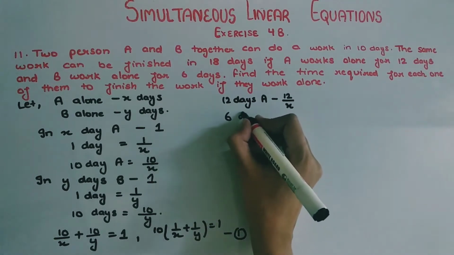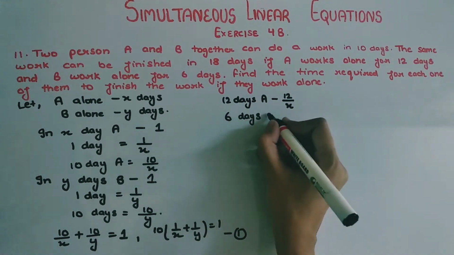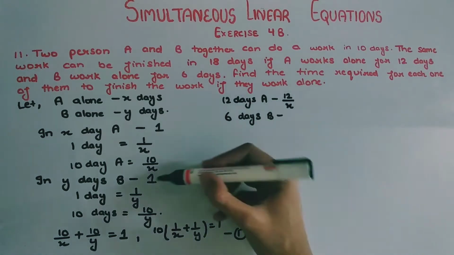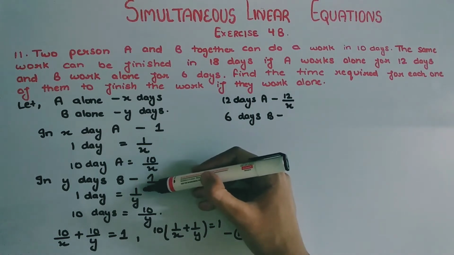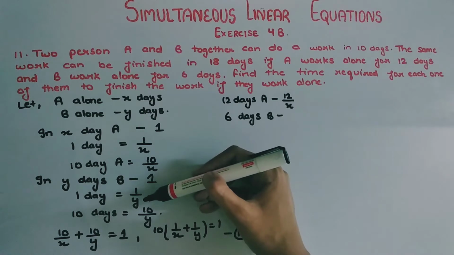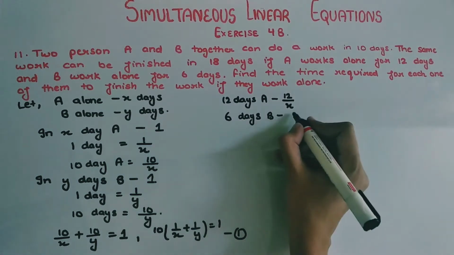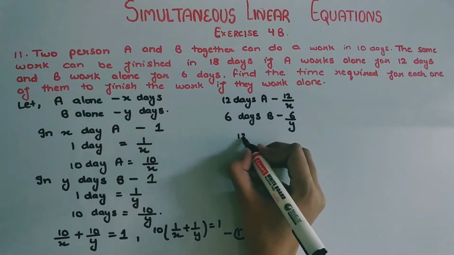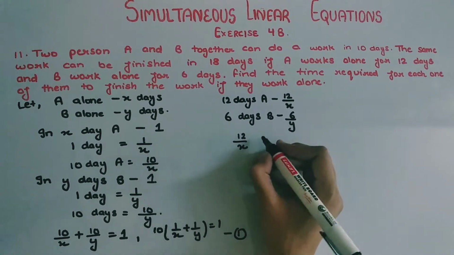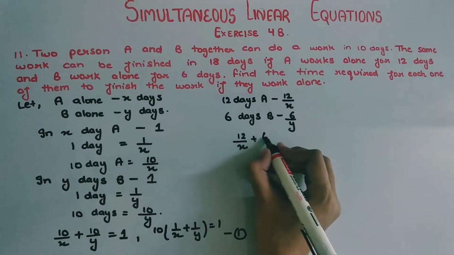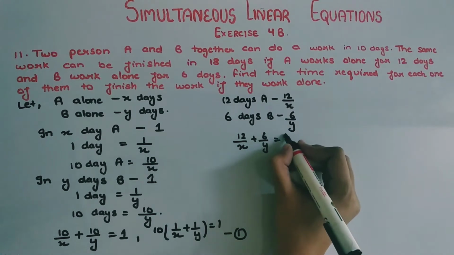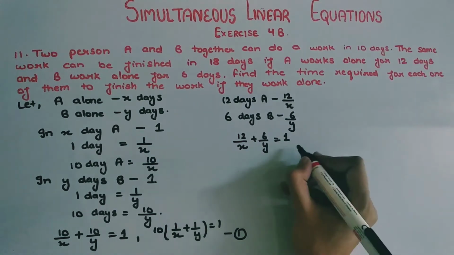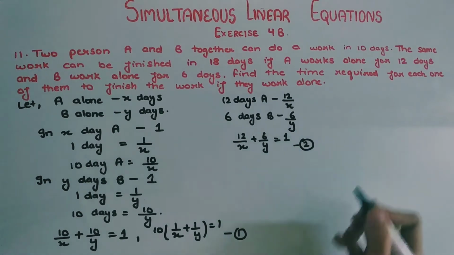B works for 6 days, and if in one day B completes 1 by Y work, in 6 days this will be 6 divided by Y. Together, the work of 12 days of A and 6 days of B completes the whole work. This is our equation number 2.